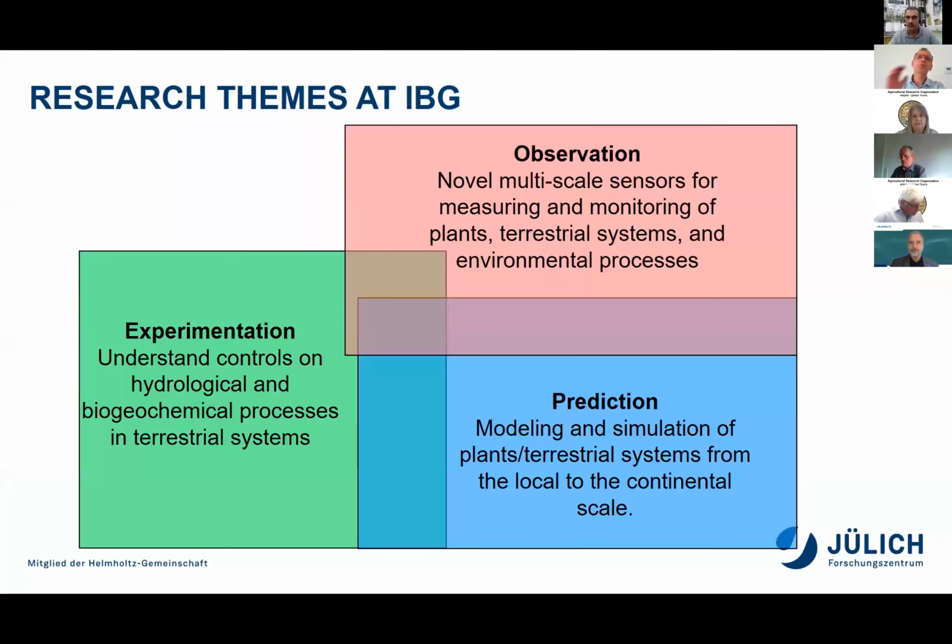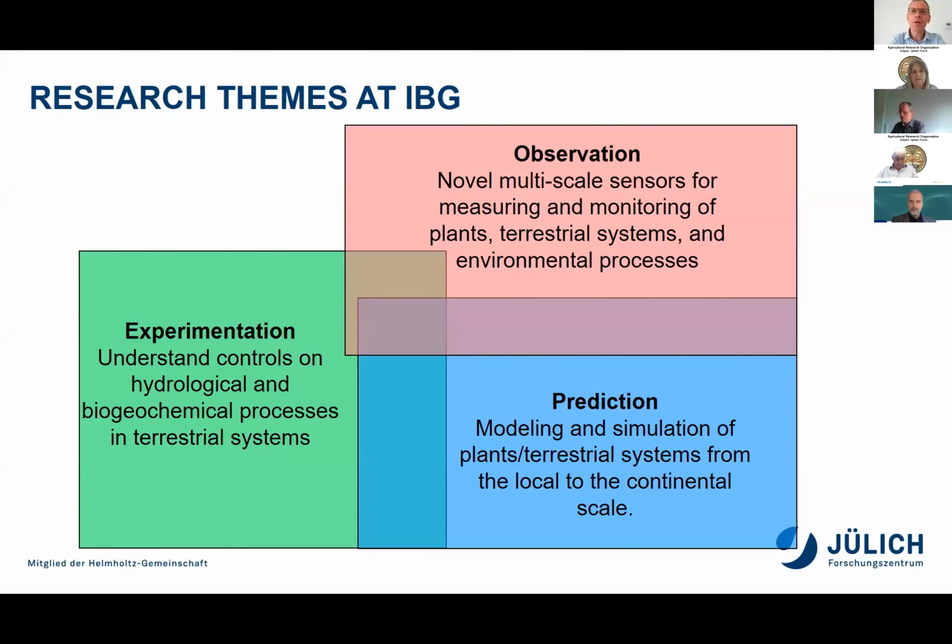At our institute, we can divide the research teams in three main blocks. We are developing sensors for measuring and monitoring plants, terrestrial systems, and environmental processes at different scales. We are developing experimental platforms to carry out experiments, which gives us understanding about controls on hydrological and biochemical processes in terrestrial systems.